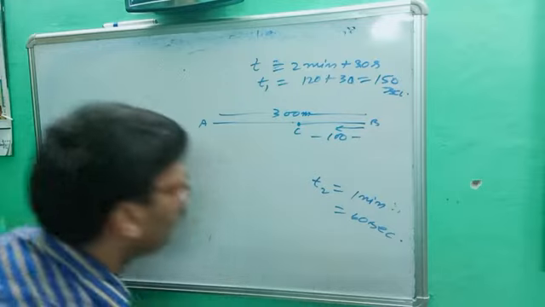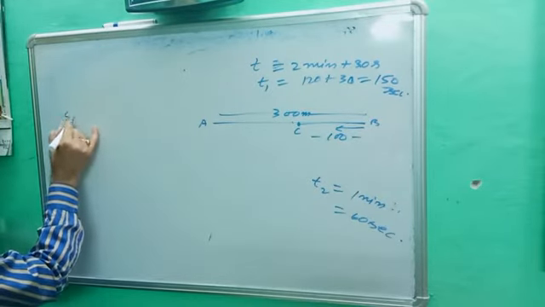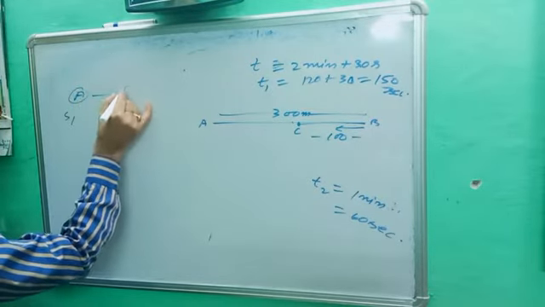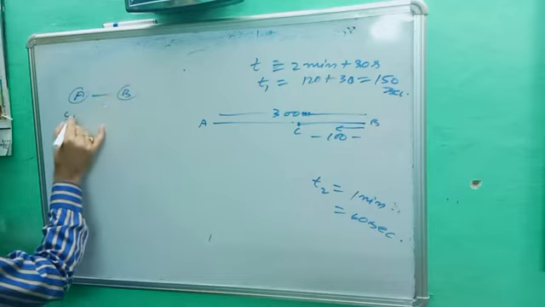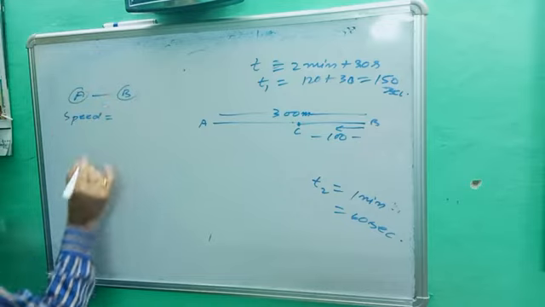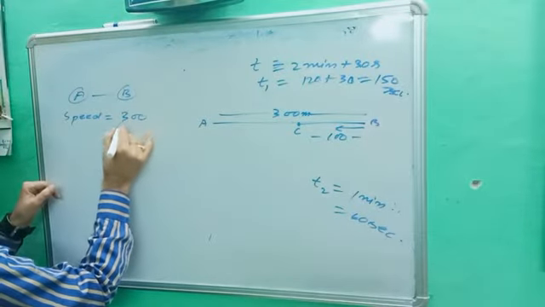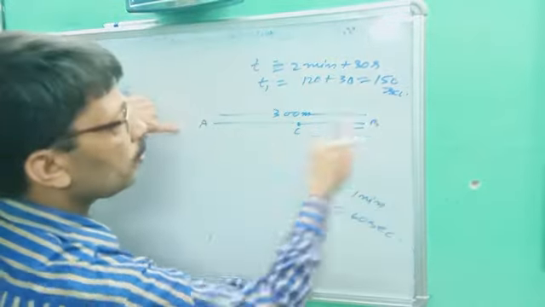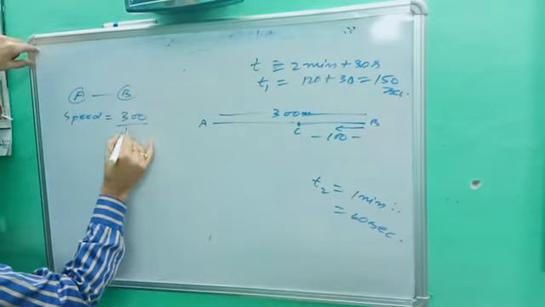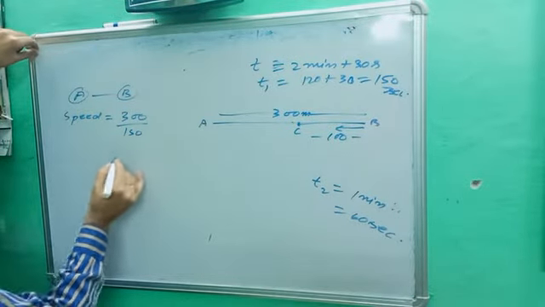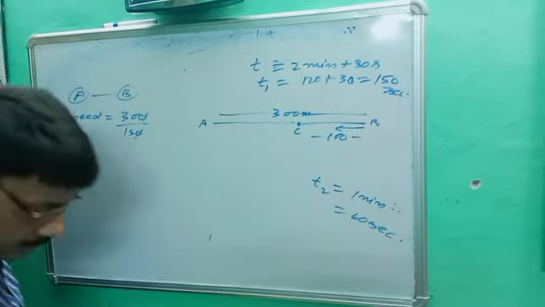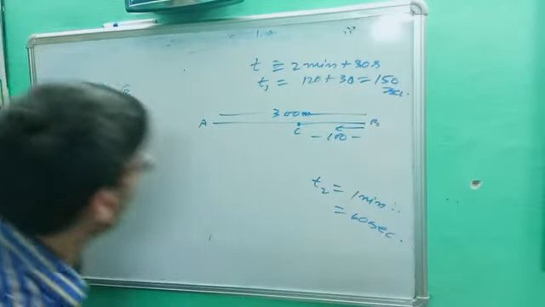Now see there. First, speed. First we are talking from A to B. Speed is equal to distance, you better know. The distance A to B is 300 upon the time taken from A to B, 150. So its answer becomes 2 meters per second.